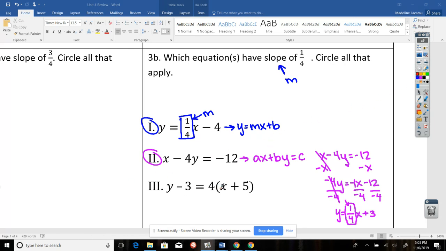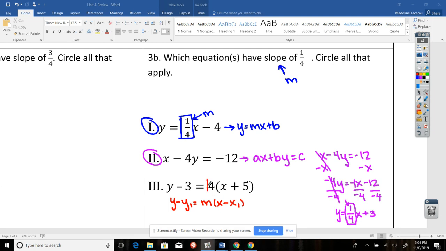Now if we look at 3, this one is in point slope form, which is y minus y1 equals m times x minus x1. So on this one, we need to figure out what our slope is. So the slope is the one right in front of your parentheses.